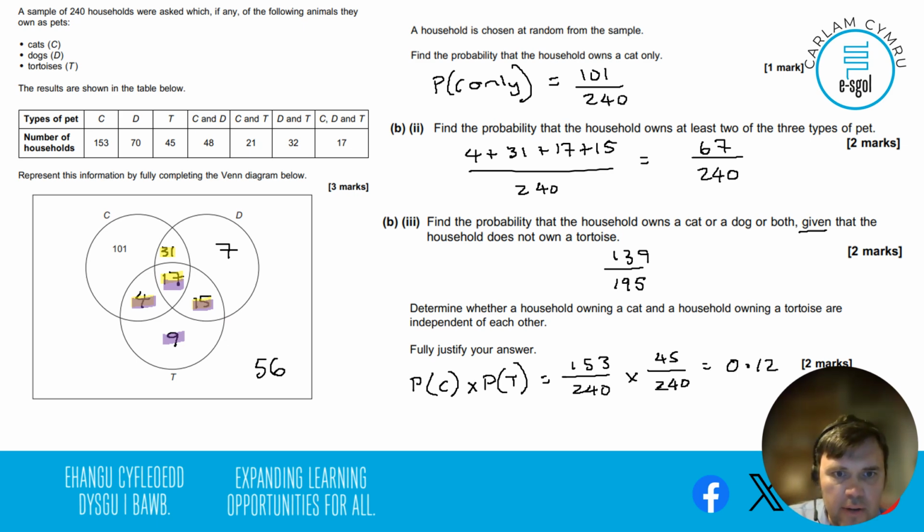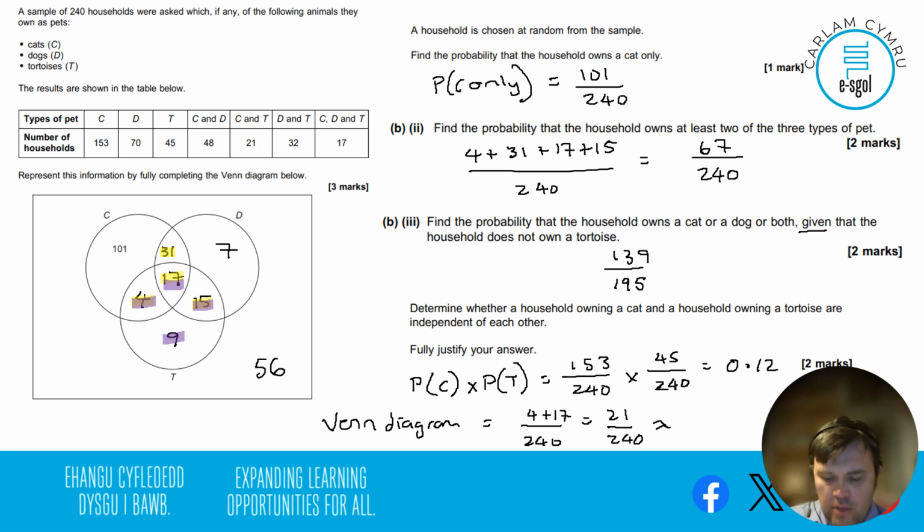Then if we look at the Venn diagram, again, it's 240 on the bottom, but it is going to be 4 plus 17, which is 21 over 240, which is approximately 0.08. Let's put the point in the right place. It's not approximately, it's exactly 0.0875. Therefore, they are not independent.